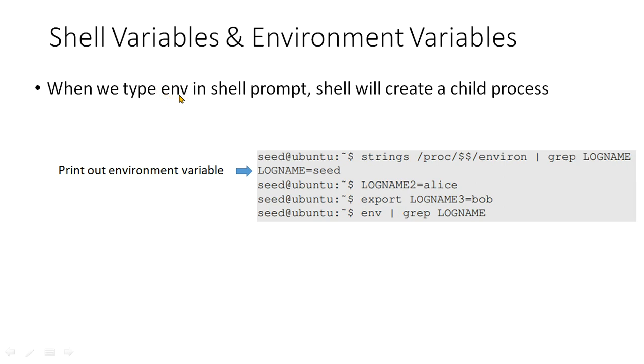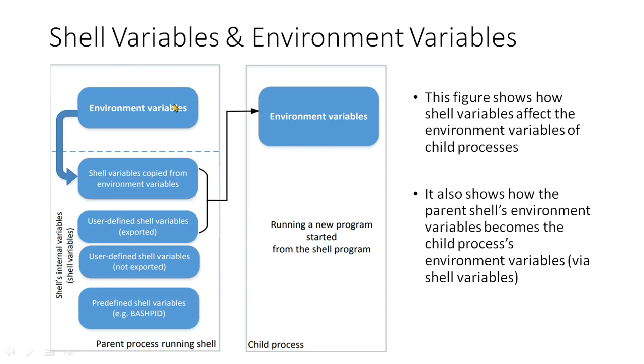So when we print out by env, we have the environment variables of the child process. When we run the proc command here like this, we print out the environment variables of the parent process.